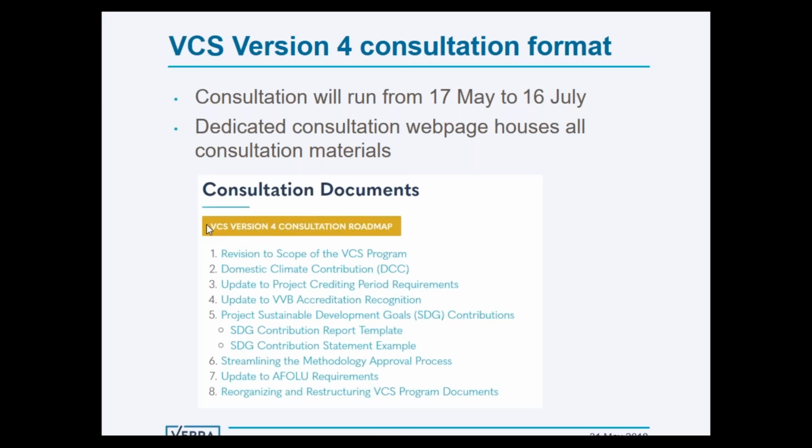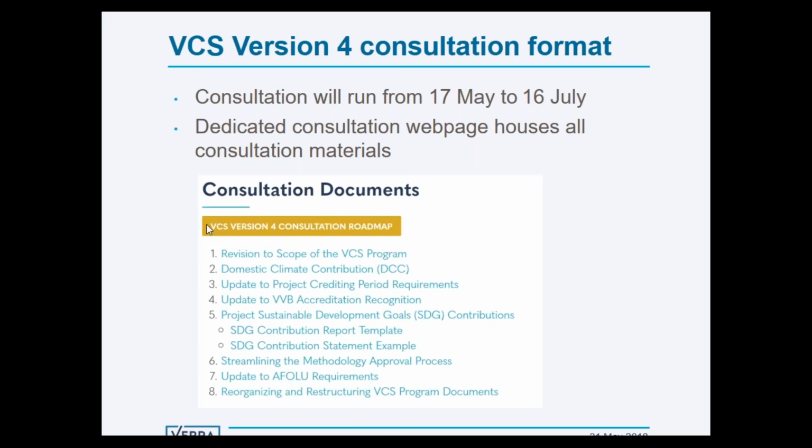And within that catalog, we provide a summary of each one of the proposals. This is really meant to facilitate your ability to identify quickly those consultation documents and the proposals that you're going to be interested in commenting on. So my recommendation is that when you visit this webpage, start with the consultation roadmap rather than dive into any of the specific consultation documents. Determine which consultation documents are going to be most relevant for you, and then go ahead and submit whatever feedback you'd like.